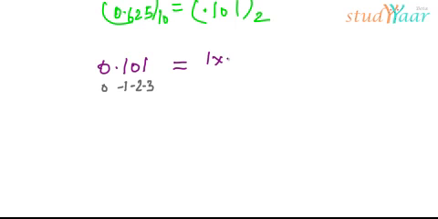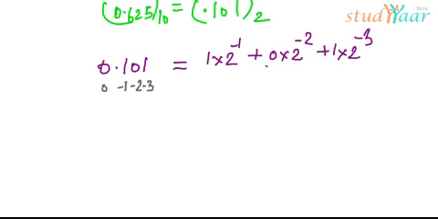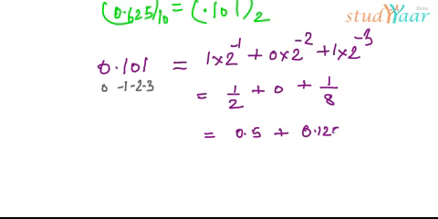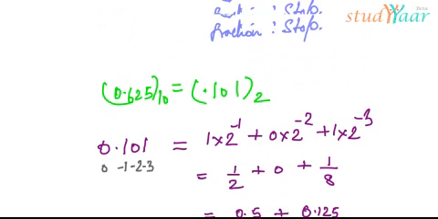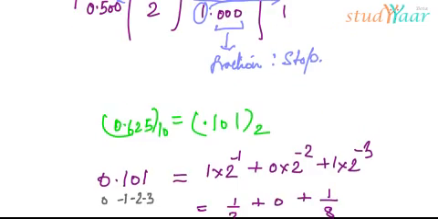It is 1 into 2 raised to minus 1 plus 0 into 2 raised to minus 2 plus 1 into 2 raised to minus 3, which is 1 by 2 plus 0 plus 1 by 8. 1 by 2 is 0.5, 1 by 8 is 0.125, so my answer is 0.625, and this is what I started off with, so this is the correct answer.